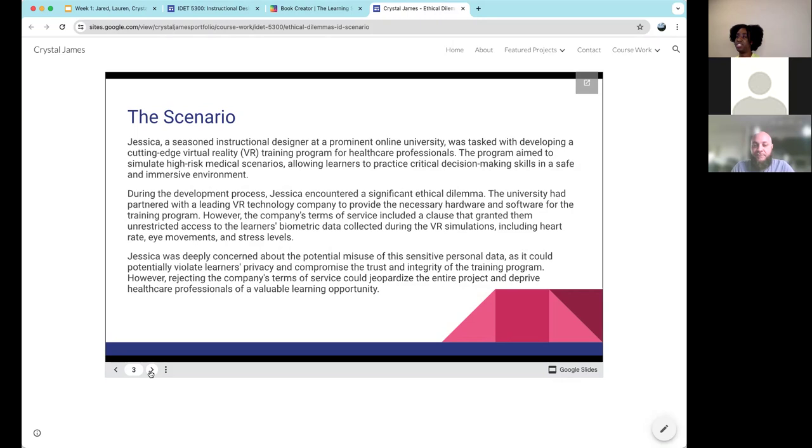Jessica was deeply concerned about the potential misuse of the sensitive or personal data, and it could potentially violate learners' privacy and compromise the trust and integrity of the training program. However, rejecting the company's terms of service could jeopardize the entire project and deprive healthcare professionals of a valuable learning opportunity.